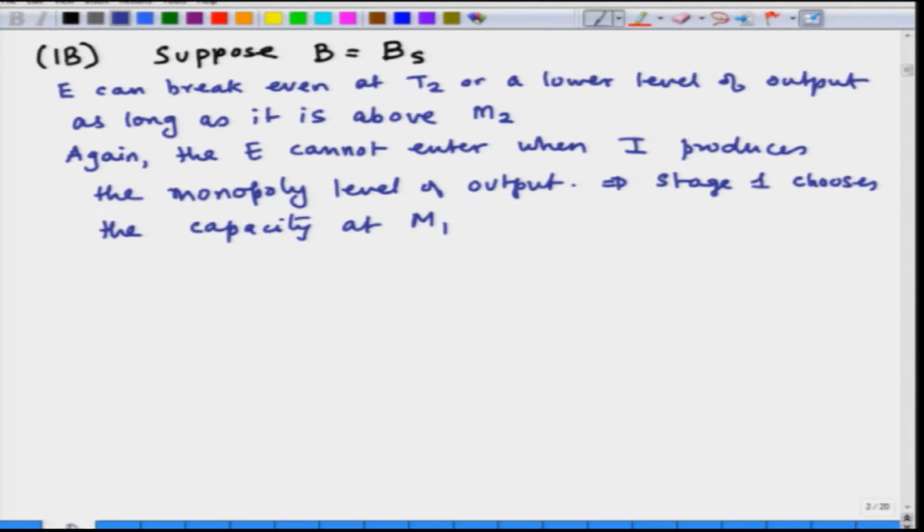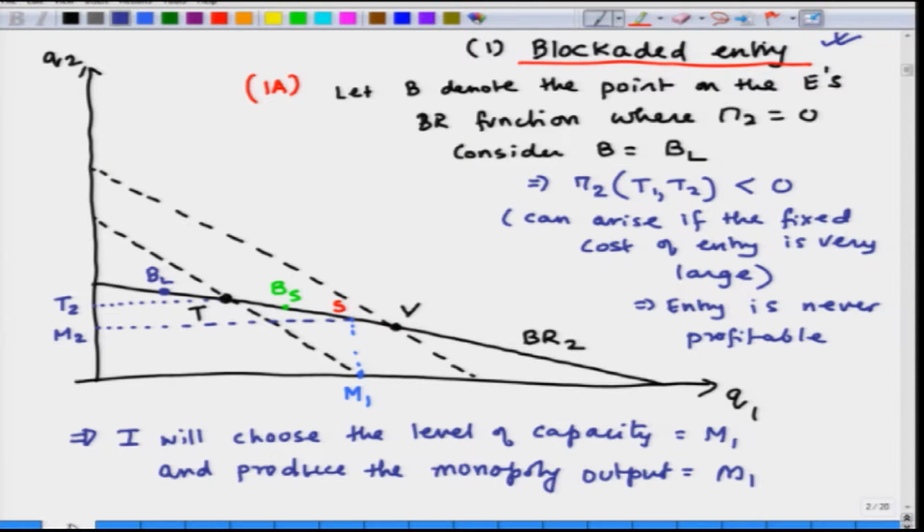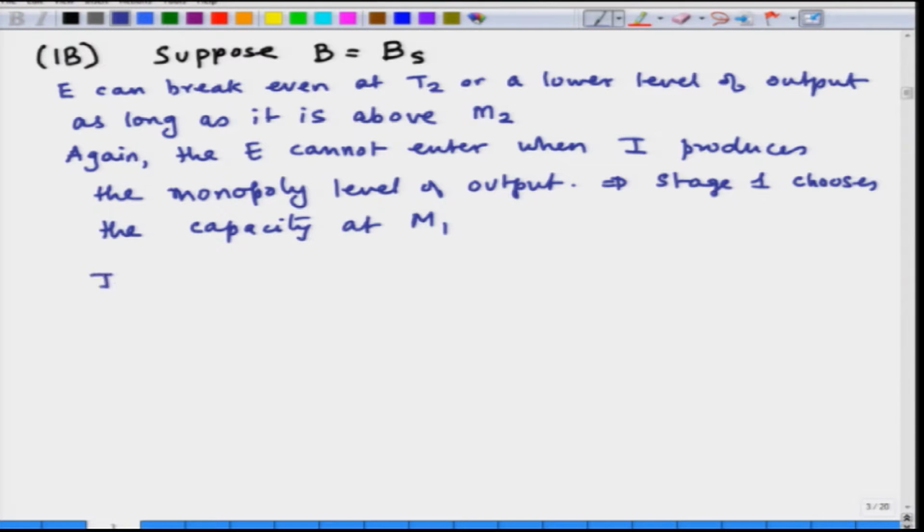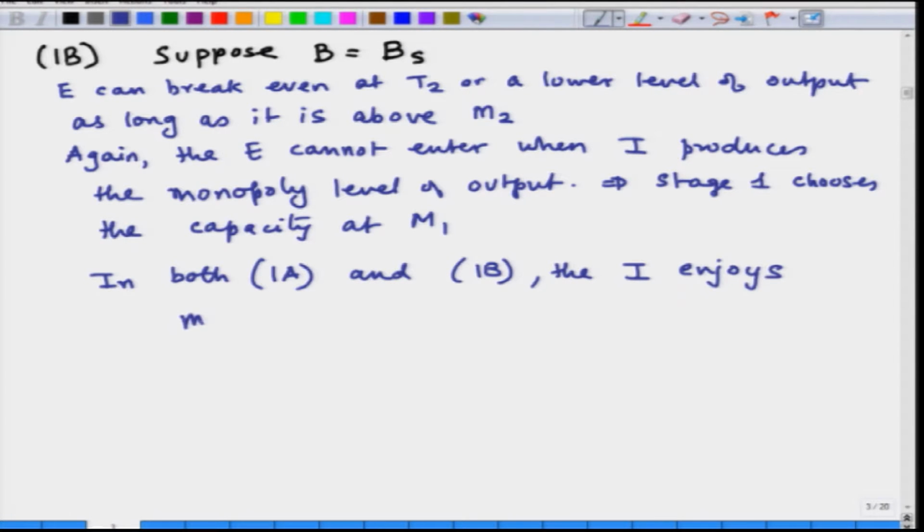So, we have looked at two possible situations where the B is at BL, the B is at BS, and in both cases it turned out that the incumbent chose a level of capacity which is equal to M1 and produced the monopoly level of output and was able to successfully prevent the entrant from entering. So, this is a case where the incumbent enjoys monopoly profits. So, in both 1A and 1B, the incumbent enjoys monopoly profits.